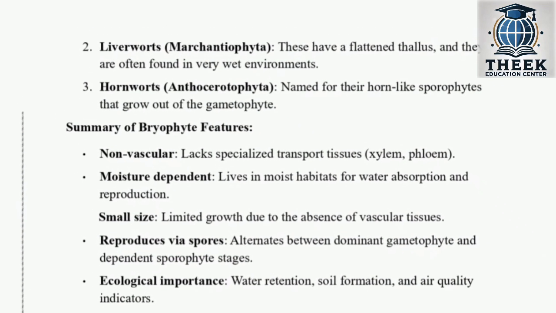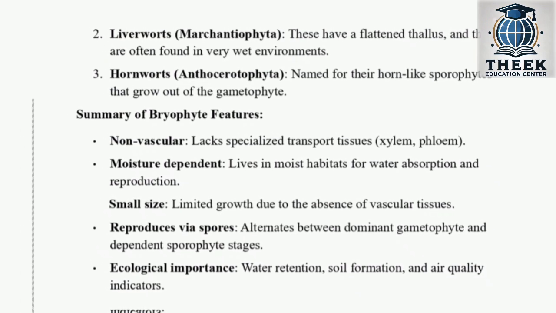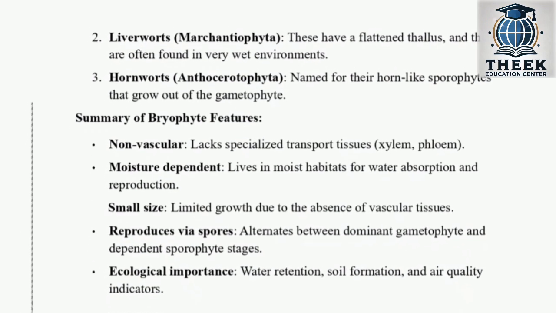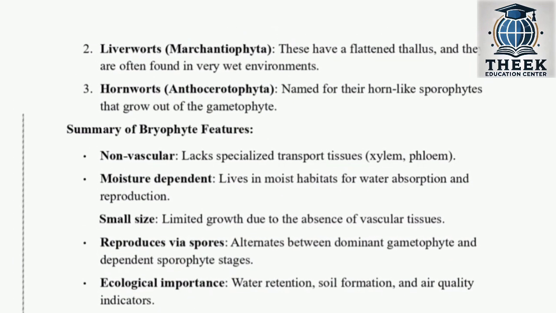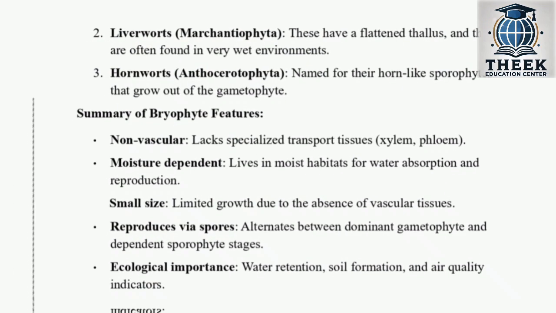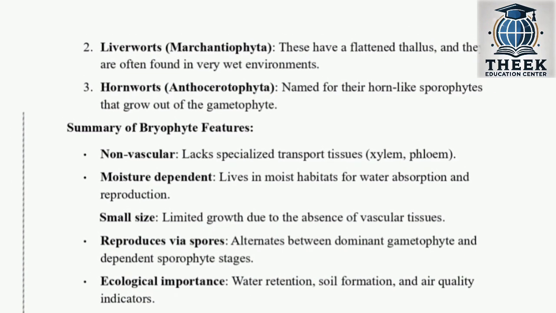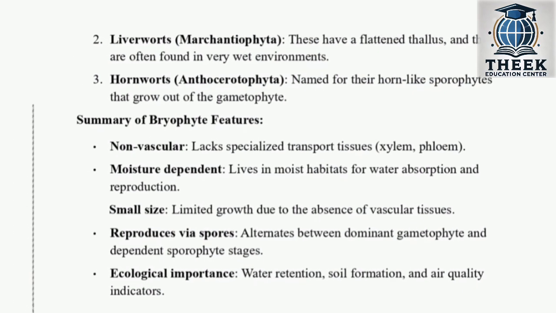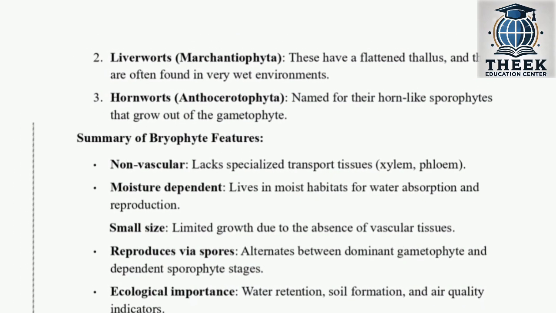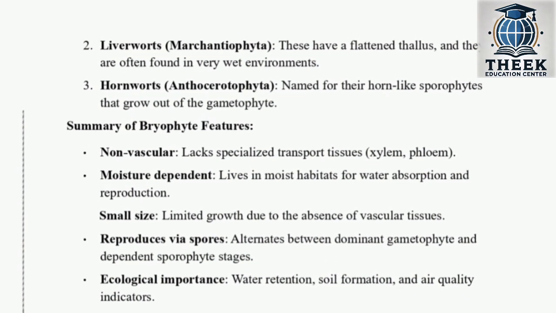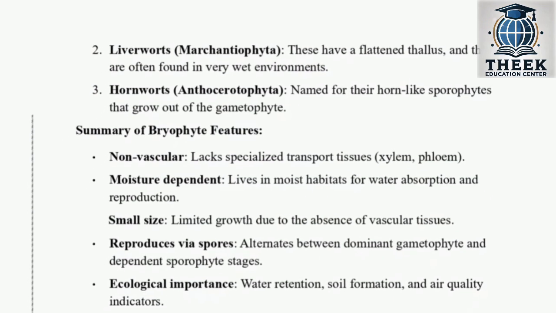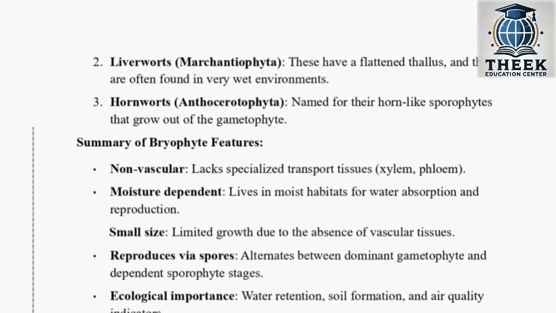So bryophytes are simple. Now, before we go further, let's go through the summary of bryophyte features. You have the non-vascular: they lack a specialized transport system, the xylem and phloem. We have moisture dependent: they cannot grow in areas where there is no moisture, so they live in moist habitats for water absorption and reproduction.